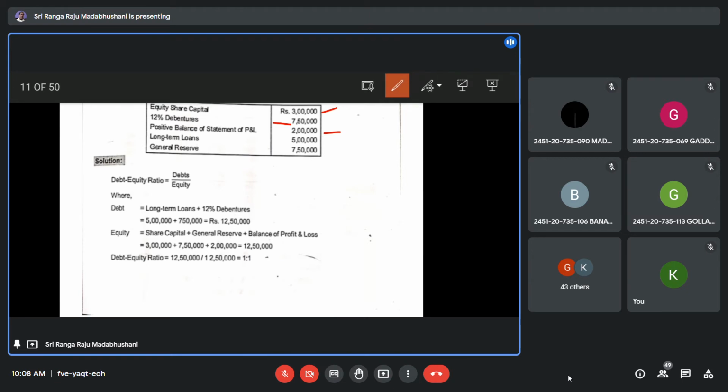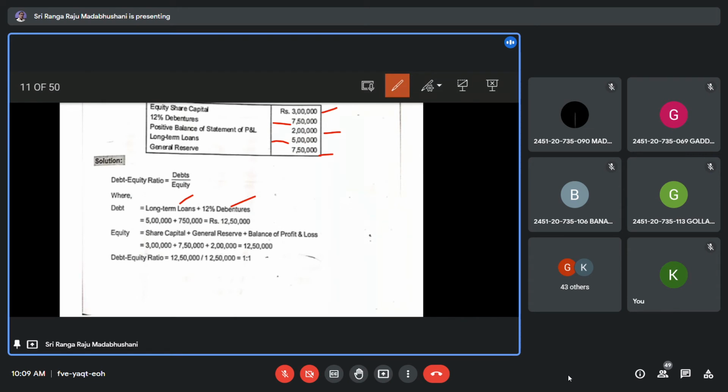There is a surplus, so it is owners' equity. You have to add this to owners' equity. Then long-term loans, given that it is a long-term loan, is debt. Then general reserve is owners' equity. So the debt is long-term loans and 12% debentures.